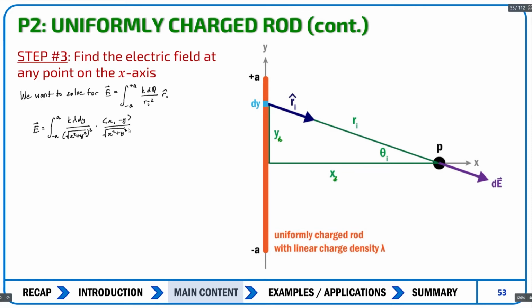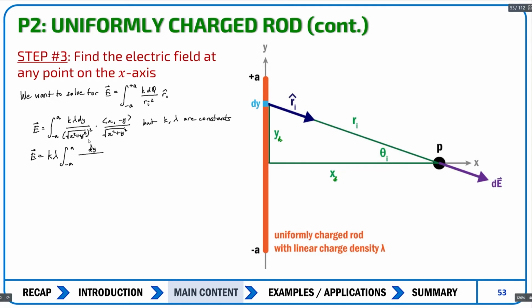Okay, but k and lambda are constants. So we can factor that out, and we have E equals k lambda times the integral from negative a to a of just dy over, now x squared plus y squared to the power of 1/2 times half is just 1, and then now you have another 1/2.